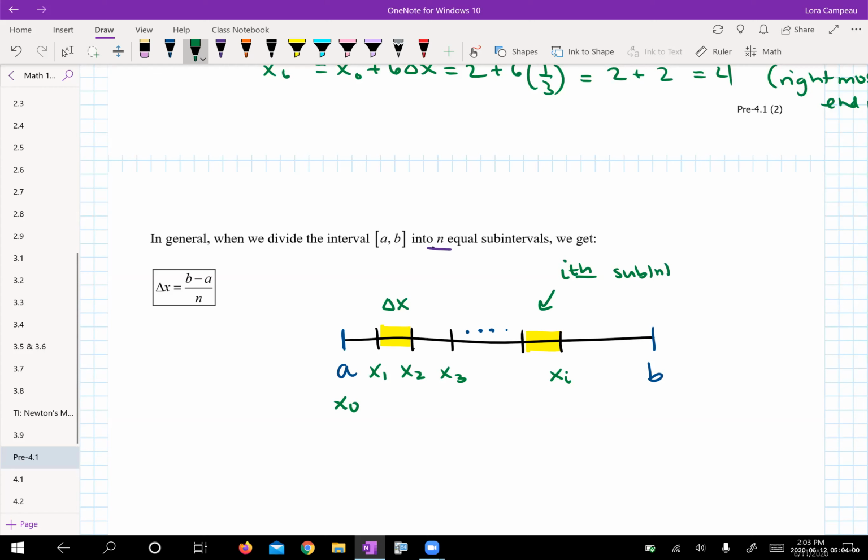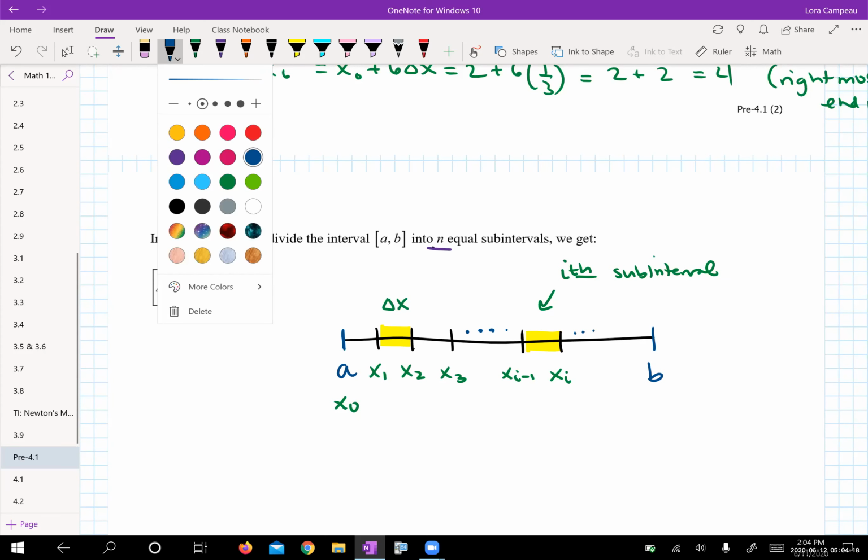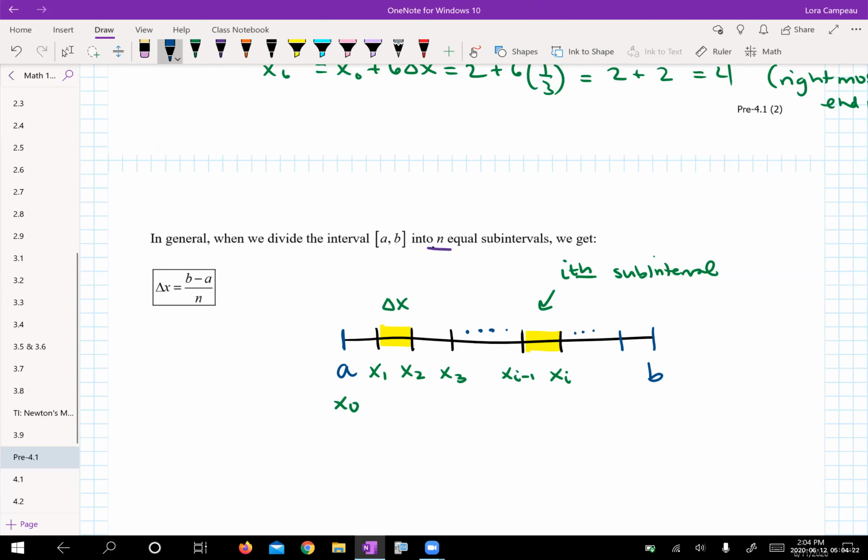And then if you're trying to label it, what do we have? X sub i minus 1, because they're always 1 apart. And then you could keep going. We don't know what we're cutting this up into, but at the end, what do we have? Again, that's delta x here.